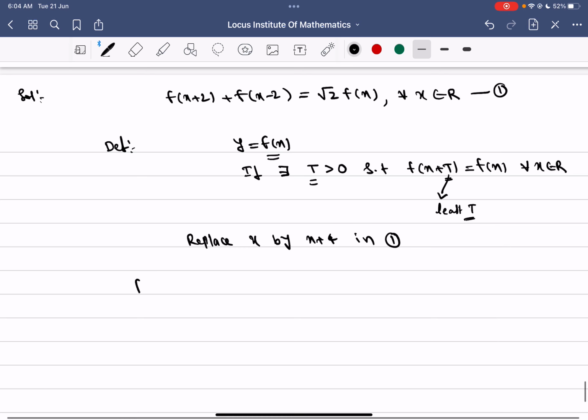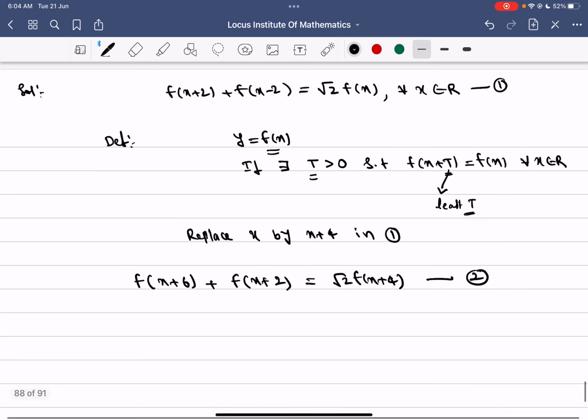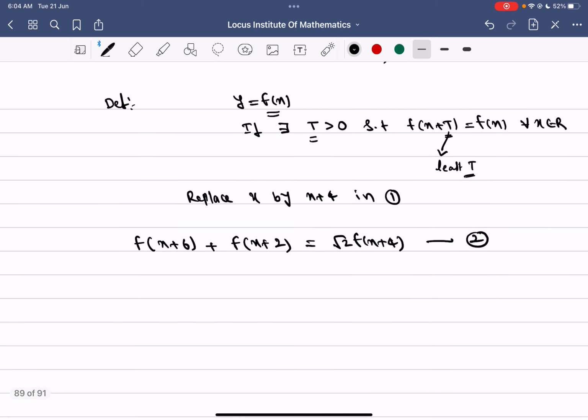Then what you get? f of x plus 6 plus f of x plus 2 is equal to root 2 times f of x plus 4. Give this the number 2. Next, add 1 and 2.